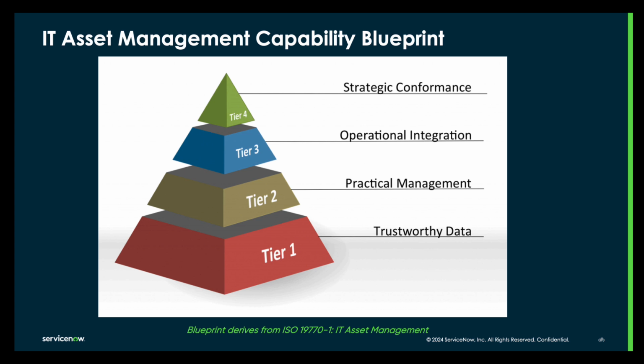It is important to note here that when we talk about CI information and trustworthy information, you're going to want to collaborate with your ITAM team to ensure that that CI data, the asset data, is being captured through discovery and being reported back to the instance on a regular basis.